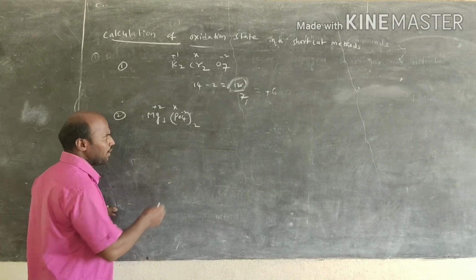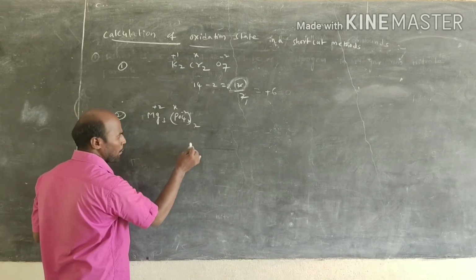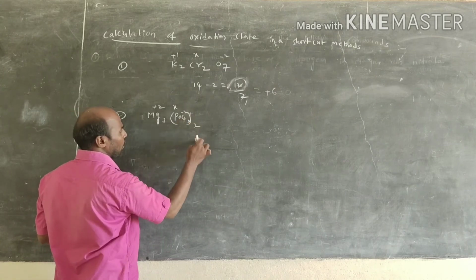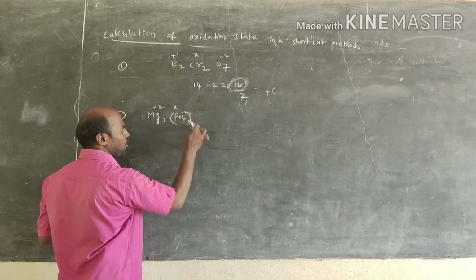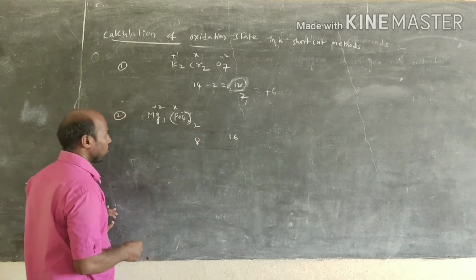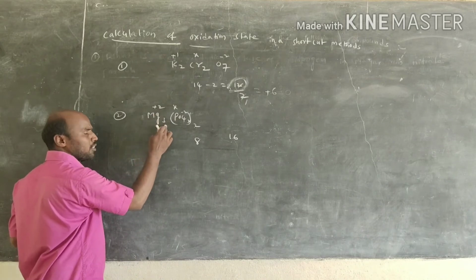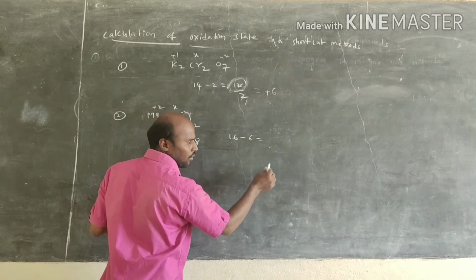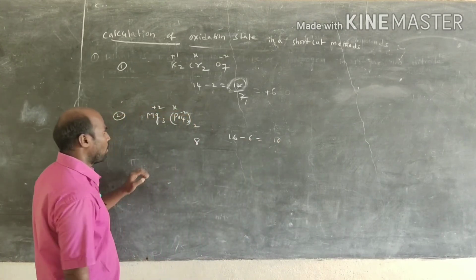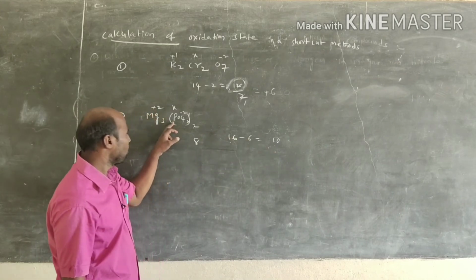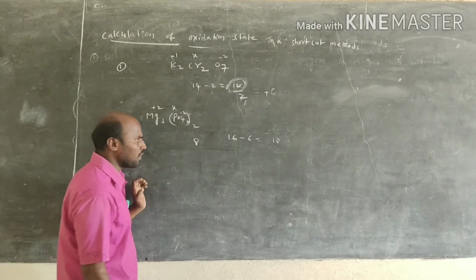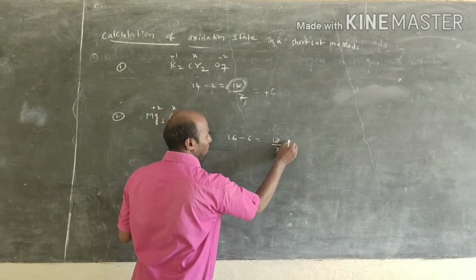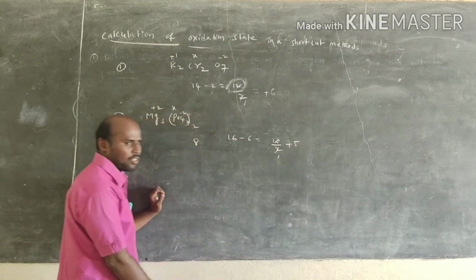How many oxygen atoms are there? 4 twos are 8, 8 twos are 16. One magnesium has plus 2, 3 magnesiums, 3 twos are 6, so 16 minus 6 is 10. This 10 belongs to 2 phosphorus atoms, so 1 phosphorus has 10 by 2, which is 5. Here the charge is plus 5.